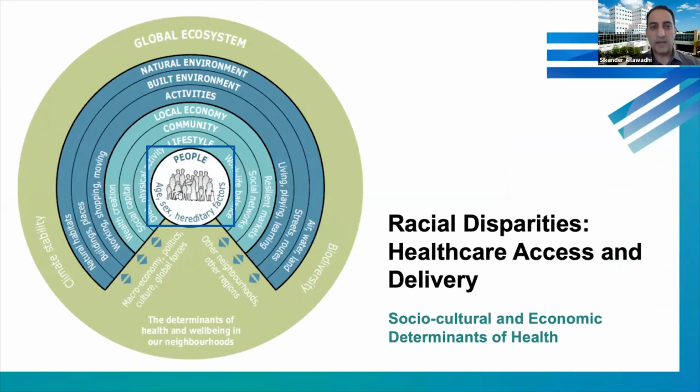But there are some factors which I've highlighted right in the center of this figure, which are age, gender, and hereditary factors or certain genetics, which are beyond our control. We can talk about the natural environment, health economics, and access to drugs, but there are some factors which are non-modifiable, for example, age, gender, and genetics.